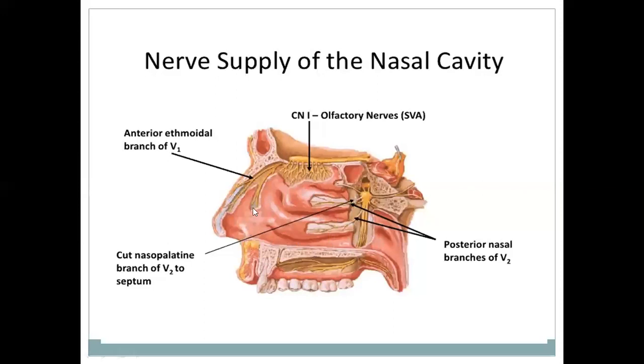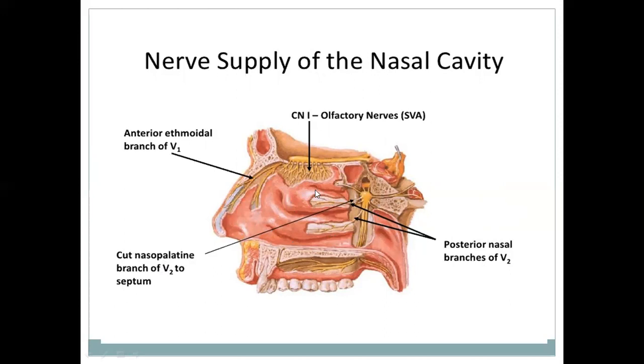In the other area of the nose, the respiratory mucous membrane is present, and this area is supplied by the anterior ethmoidal branch of the ophthalmic nerve, the nasopalatine branches of the maxillary nerve, and the posterior nasal branches of the maxillary nerve.